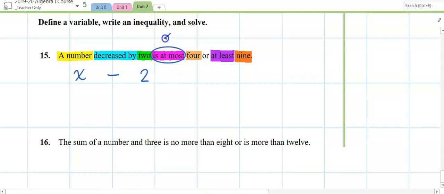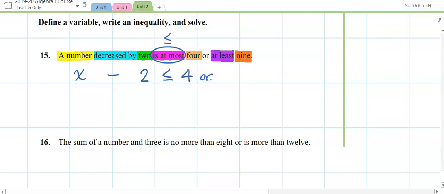Is at most means less than or equal to. And again, think about it with money or objects. If I have at most $4, I might have $4, or I might have 3 or 2 or 1, but I can't have 5. It has to be less than 4. Less than or equal to 4.